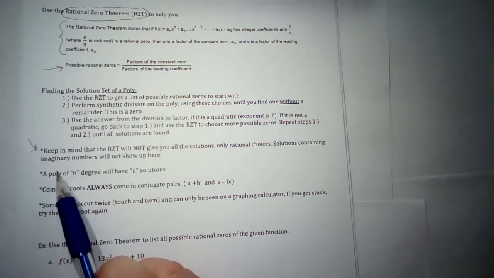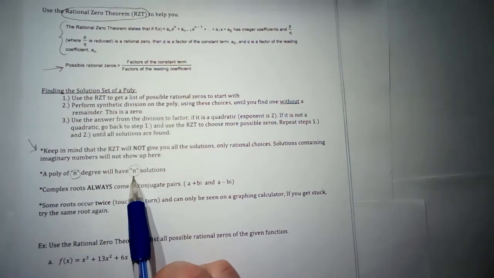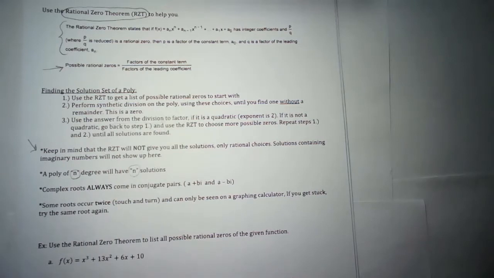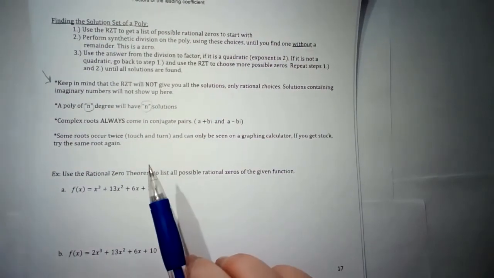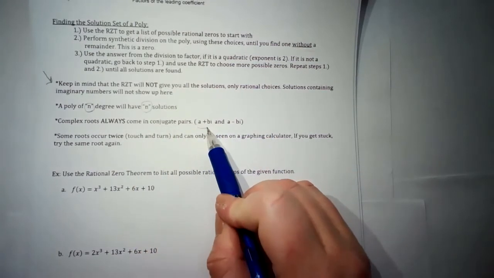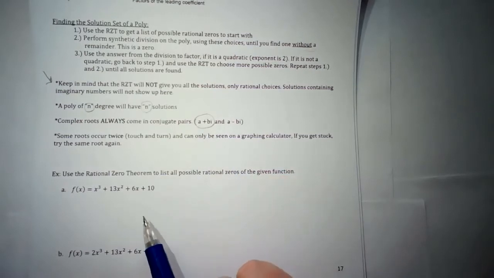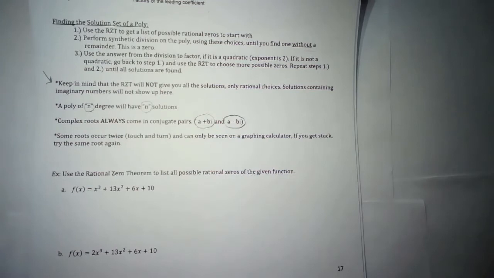All right, remember that the degree gives you the number of solutions, right? If it's a third degree, you have 3 solutions, fourth degree, you have 4 solutions. Okay, also remember when you are dealing with an i, they come in conjugate pairs. So if you find an answer that looks like this, it means you automatically know another answer. It's this.